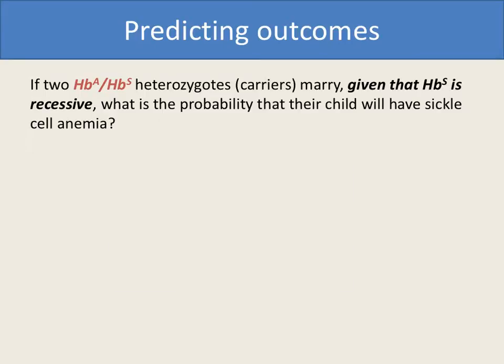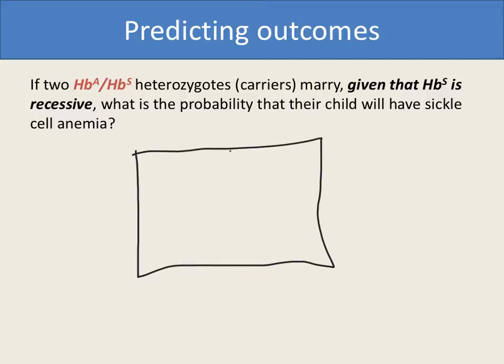Okay, let's predict the outcomes of something called a Punnett square. Very simple. Now, if you remember, there's two alleles, HBA and HBS. Okay? We have two people who are heterozygous.